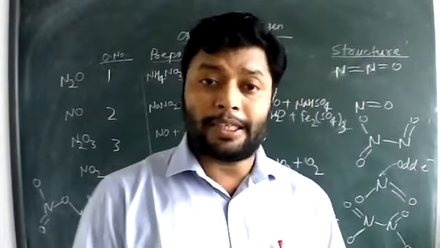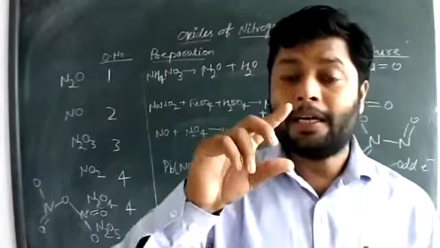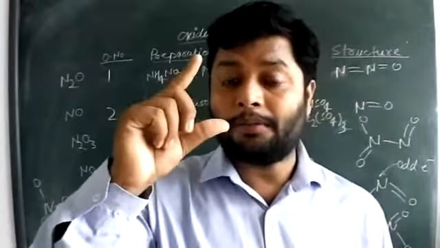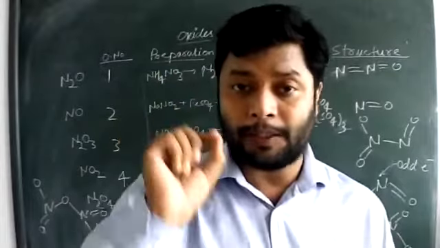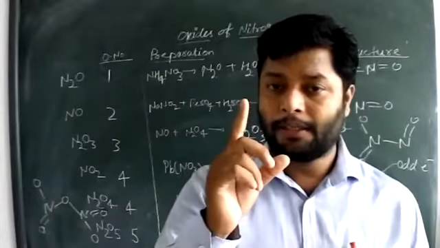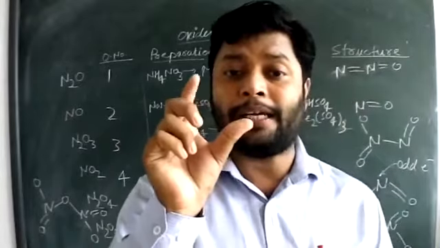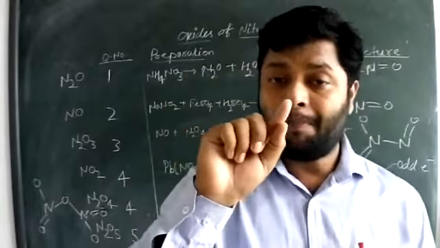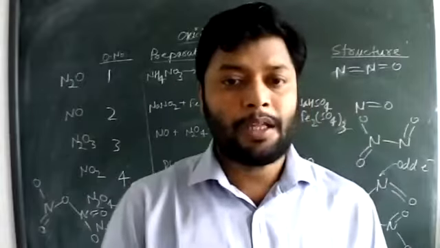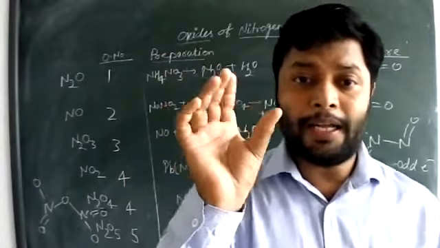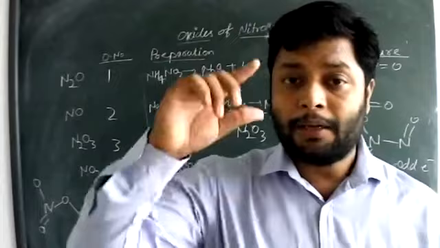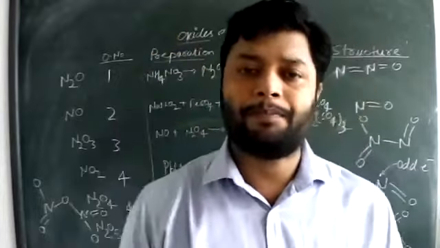We already discussed that. There is a larger bond pair repulsion. See carefully: whenever we are dealing with the increase of bond angle, it depends upon the bond pair repulsion, and the decrease of bond angle depends upon bond pair lone pair repulsion.